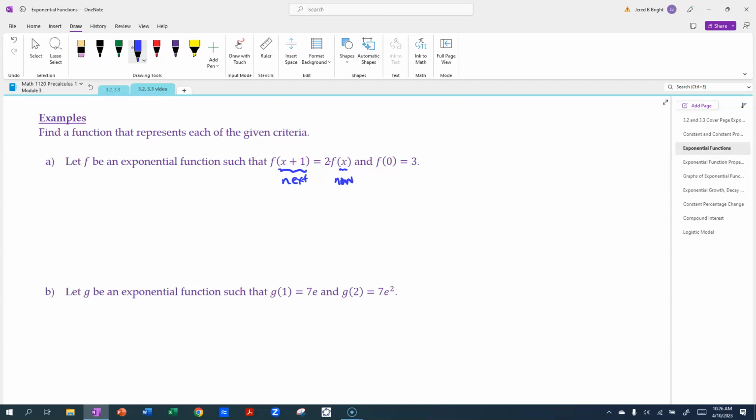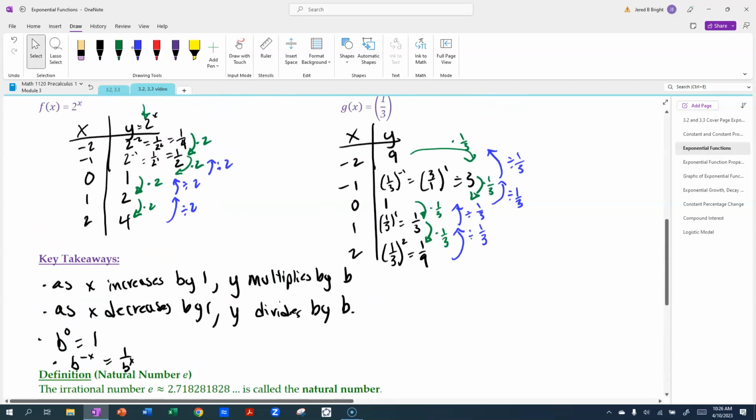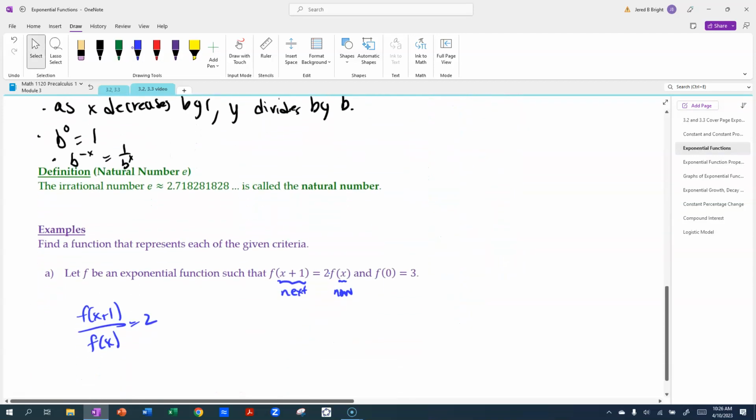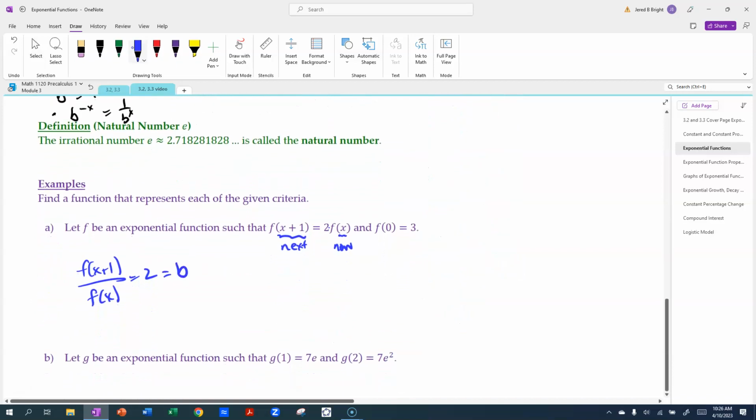Another way I could write that is f of x plus 1 divided by f of x is 2. So between successive terms, as I go down in my table, I'm multiplying by 2. That means that this is actually my base, b. This is your base in disguise.